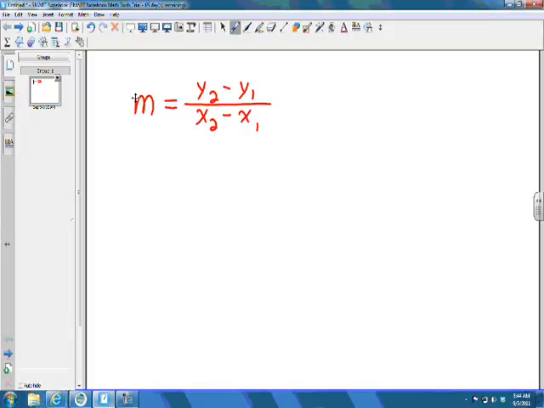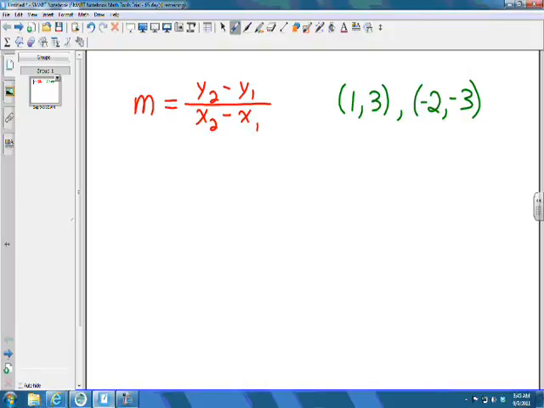Just always got to be careful when you're plugging the numbers in. Take the points 1, 3 and -2, -3. So you're given those 2 points, and you have to find the slope.